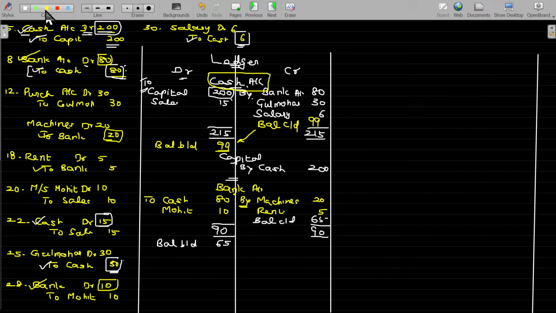So now we have completed the bank account also. After that, we have to introduce a new account called purchases account. I need to know the balance in the purchases account, so I am opening that one here. Purchases account. In purchases, to Gulmohar will be the value. I am going to write to Gulmohar.